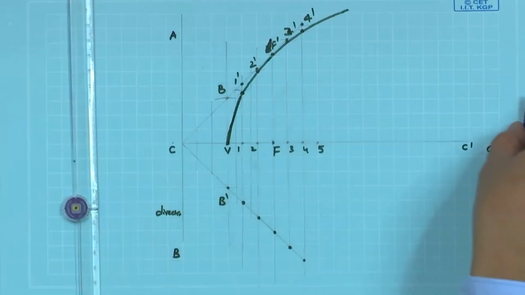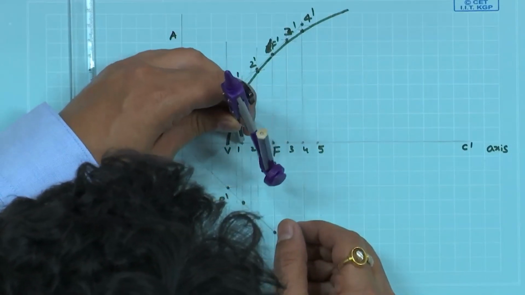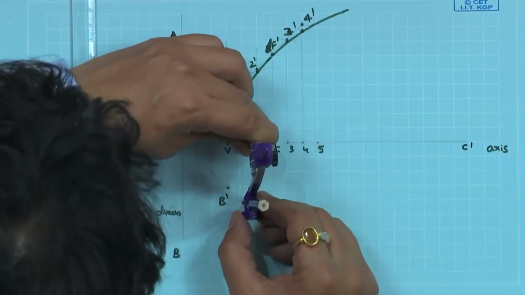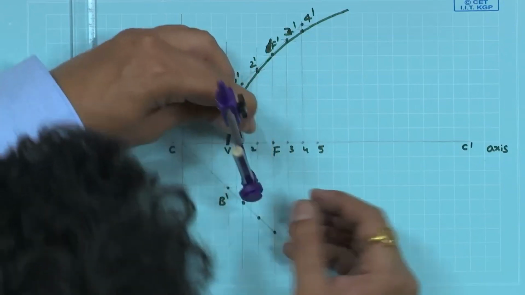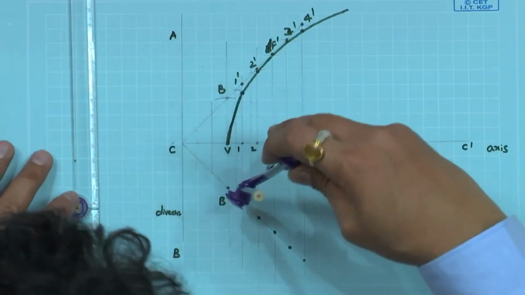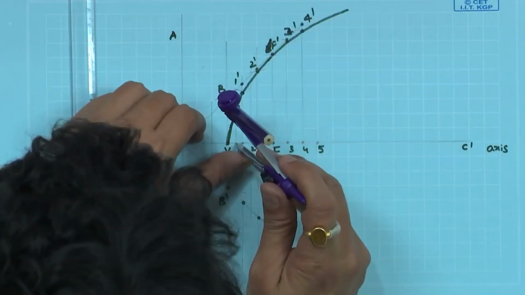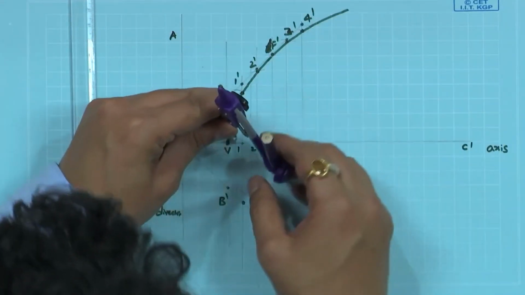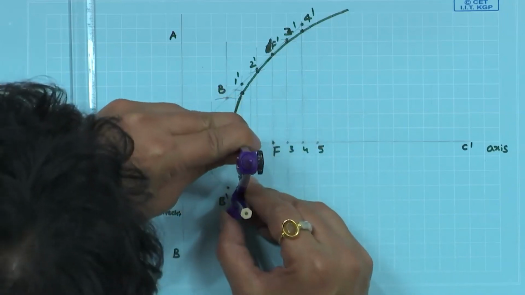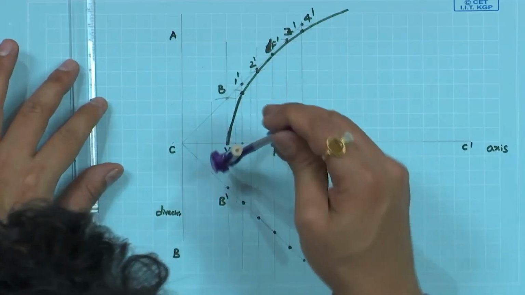Similarly, if we are constructing on the bottom side, this is one distance from focus, intersect 1. Similarly from this point, construct with focus as center, all the way perpendicular to the B prime line, with focus as center.